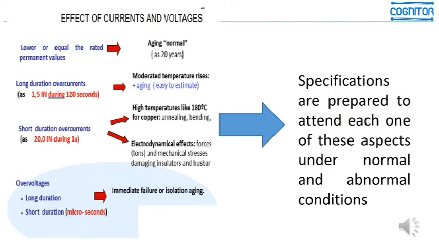The effects of currents and voltages within the daily life of a substation are listed on the left side. The specifications are prepared to attend each one of these aspects under normal and abnormal conditions.